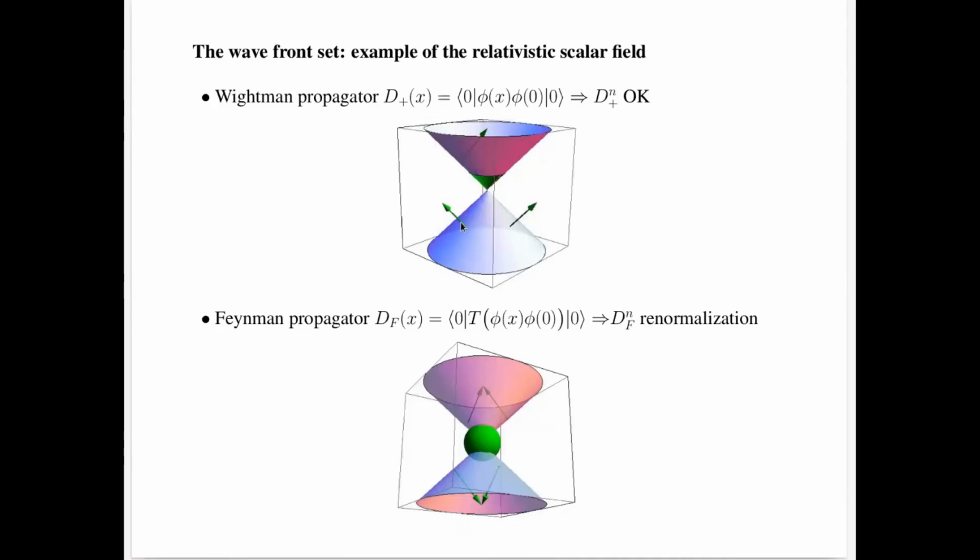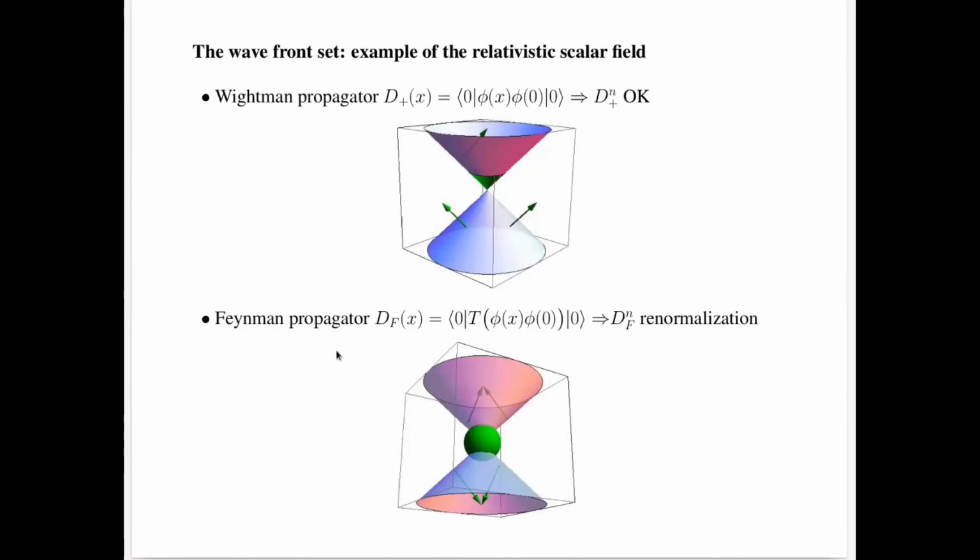And you see that the only point where there is more than one direction is at the origin, where there is a cone. And because of this specific structure and because of a theorem by Hadamard, just by looking at this wavefront set, you can see that the powers of the Wightman propagator are well defined. So you can define the nth power of d plus.